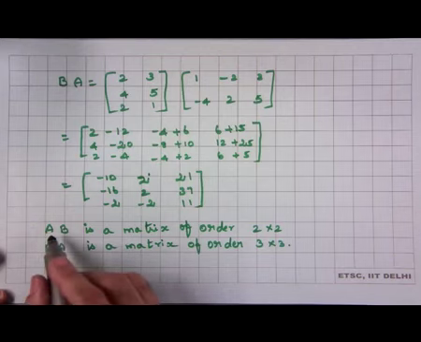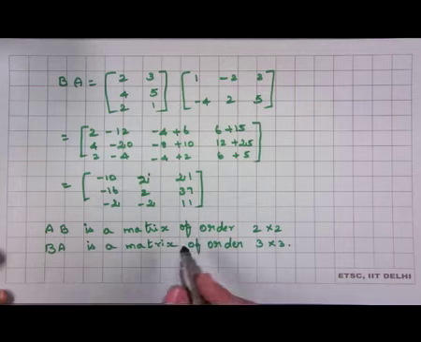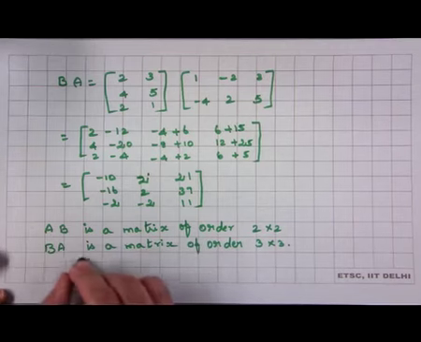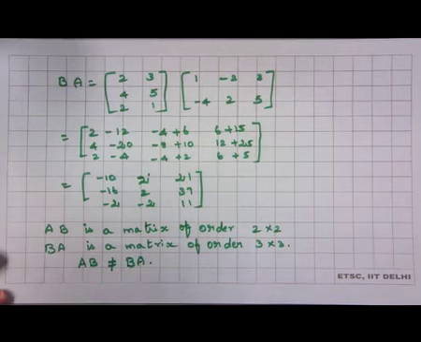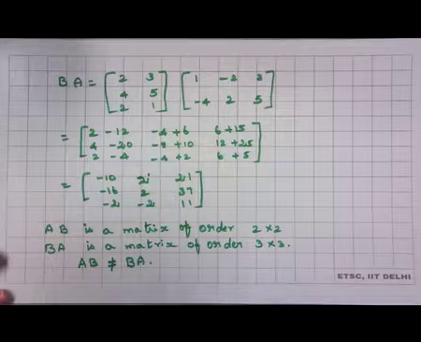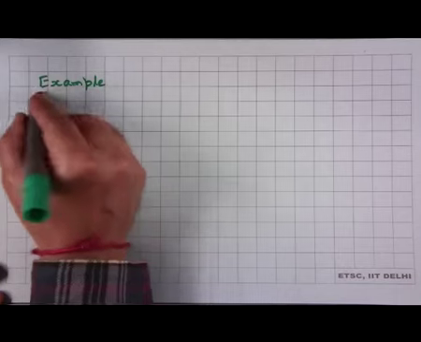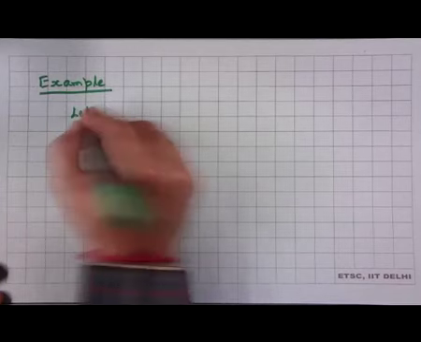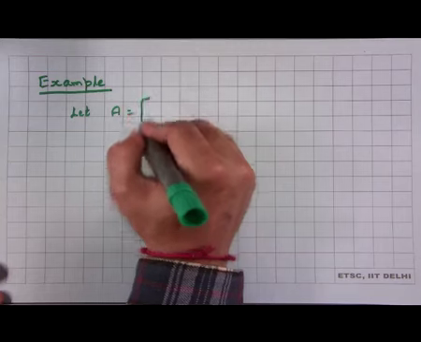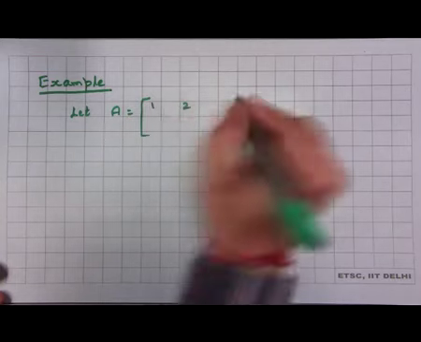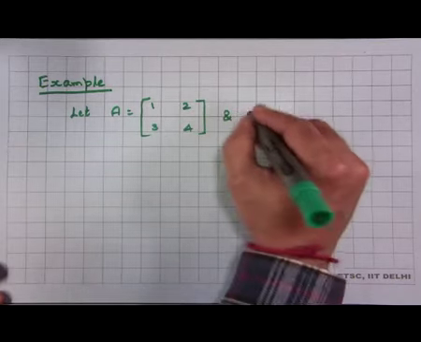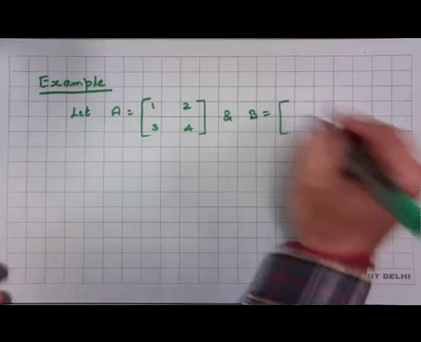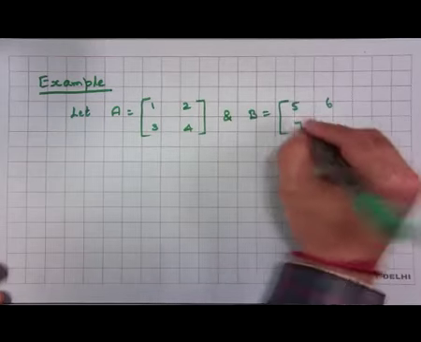So, once you have that these two are matrices of different order, these two cannot be compared, therefore, AB is not equal to BA. A natural question is, how about square matrices of the same order? Let us look at another example. Let A equal to 1, 2, 3 and 4, and let us choose B as 5, 6, 7 and 8.